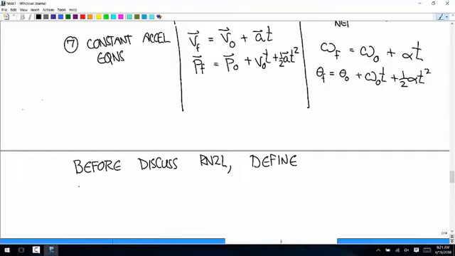We have to define the mass moment of inertia about a point and the moment about a point. So I'm going to define those two things, and then we'll use them in the equation of motion.